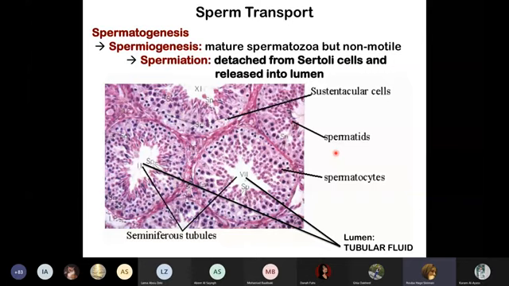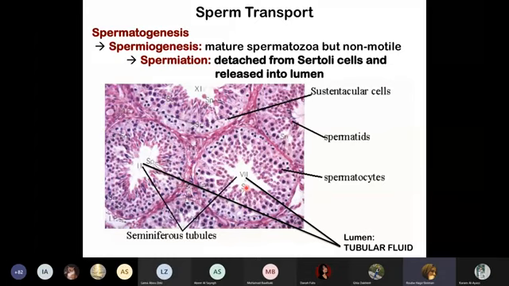This is why I prefer not to use the term mature spermatozoa without saying that it's not motile and it's not a fertilizing sperm. So the sperm released in the lumen of the seminiferous tubule is not completely mature. This is very important. It's partially mature, because it needs to go into the epididymis to acquire more maturation.